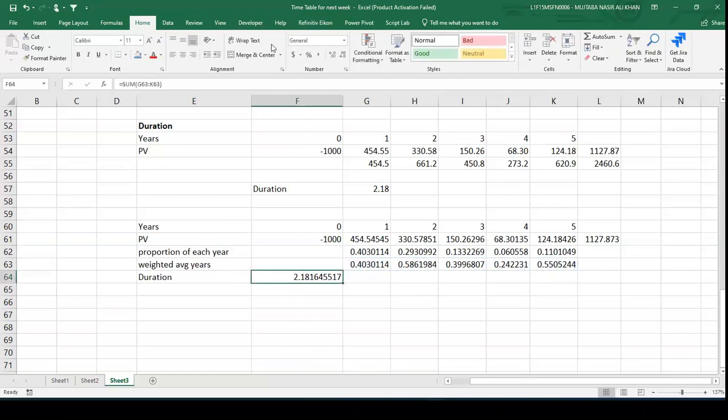So this is lengthy, right? So instead of following this technique, I will ask you to follow the first technique, that is, calculate the present value and its total, multiply each present value with the year and its total, and divide this with this. That's how you will calculate the duration.